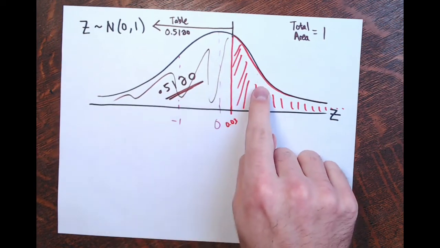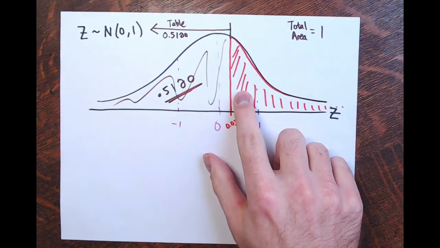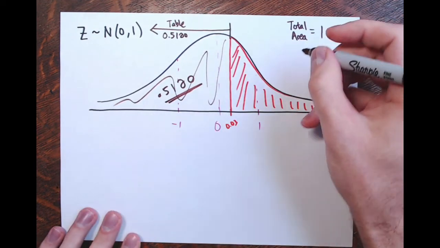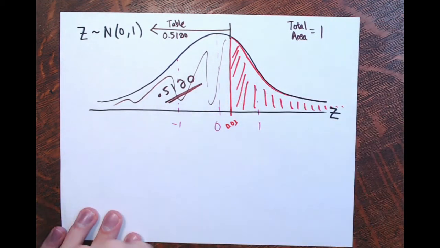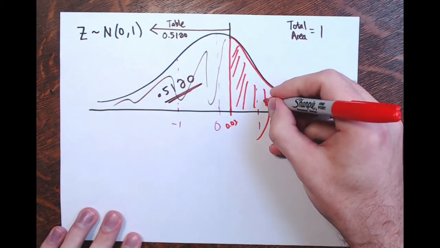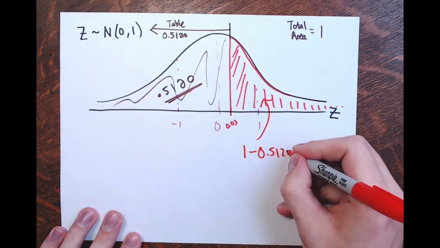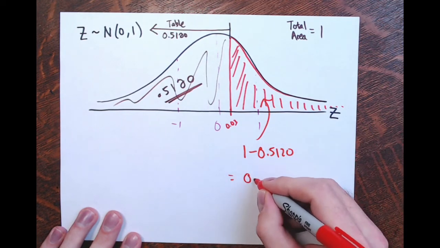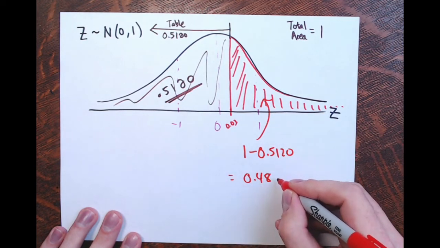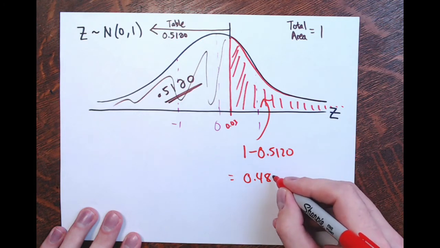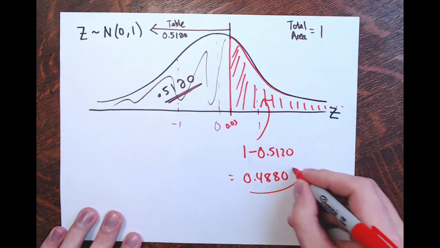So this plus this should be 1. So I just subtract this from 1. So this area here to the right of 0.03 is 1 minus 0.5120, so this is 0.4880.